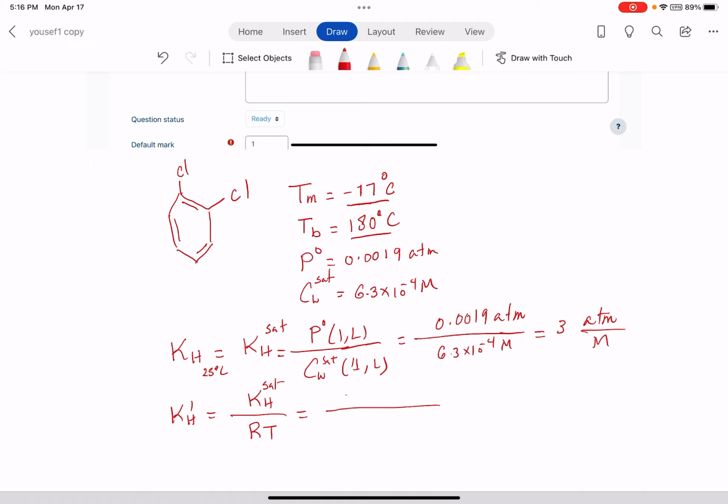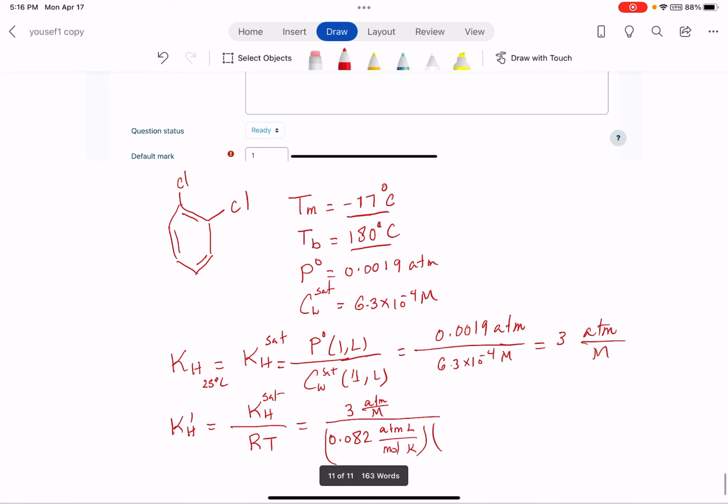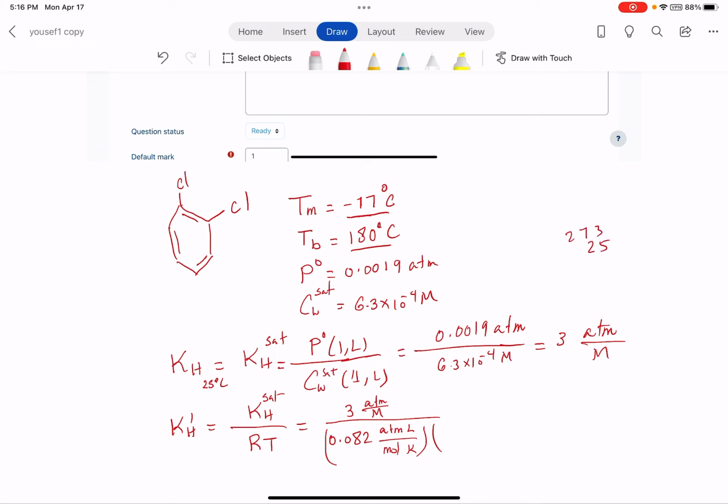Kh sat is 3 atmospheres per molarity, over, well, here I am going to give you R, 0.082 per mole Kelvin, and the temperature is, let's see, 25 plus 273, that's 298 Kelvin.